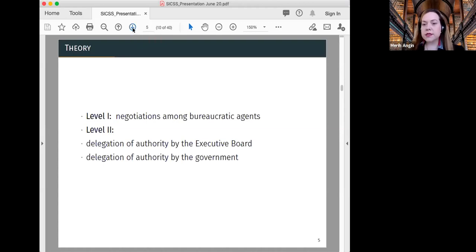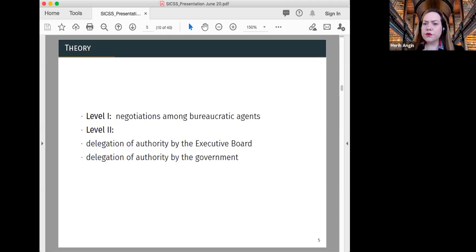So the second mechanism influencing the design of an IMF program has to do with the power of the bureaucracy in the recipient country. The extent of the authority delegated by the government to the bureaucrats is not constant across programs. When bureaucrats gain power as a result of an economic crisis, they will attempt to, in a way, seize the opportunity to push for reforms that they could not implement under normal circumstances.